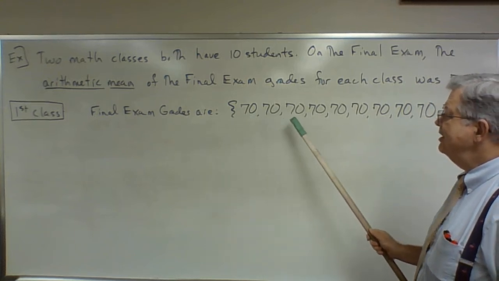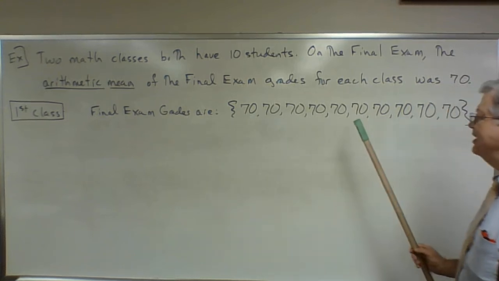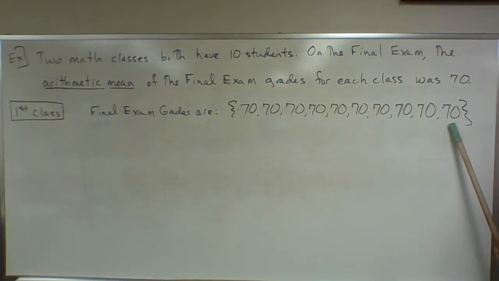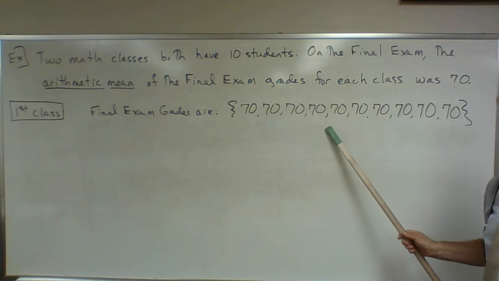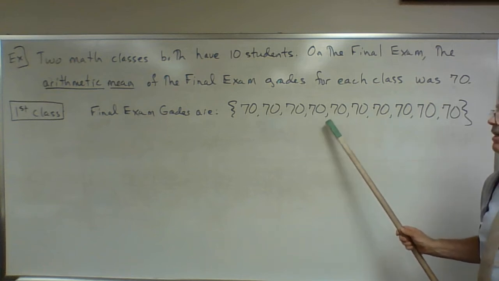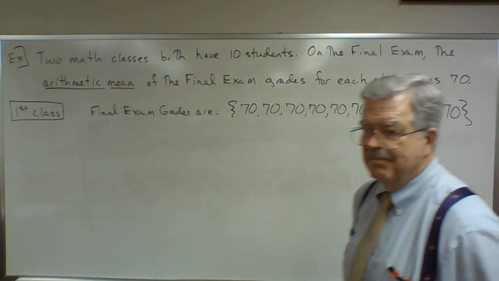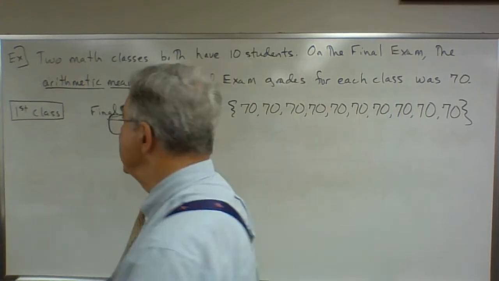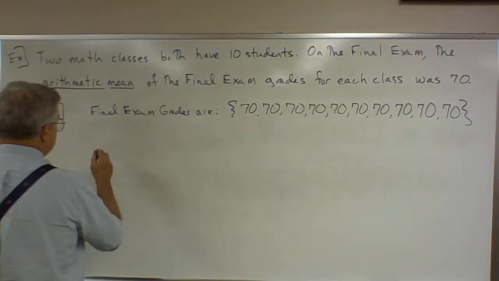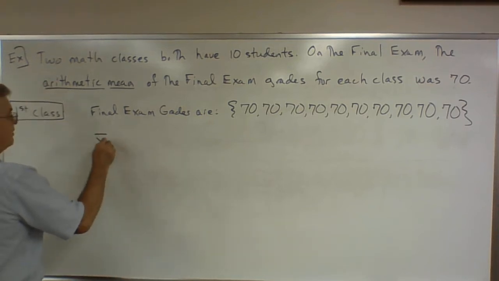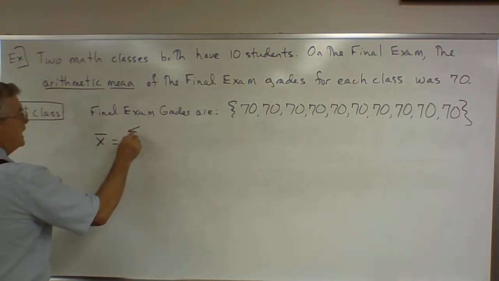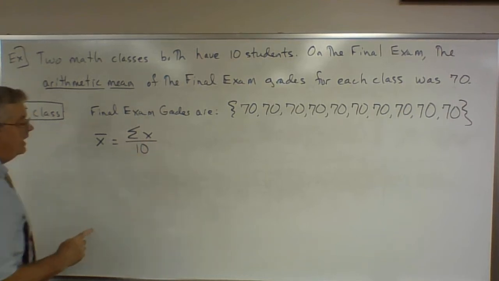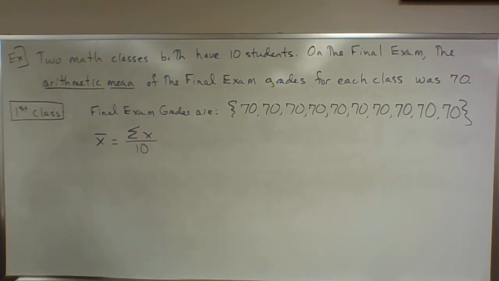70, 70, 70, 70, 70, 70, 70, 70, 70, 70. 10 students, 10 grades, they each got a 70. Well, let's see now. If we do the arithmetic mean, we add up all the test grades and divide by the number of test grades.